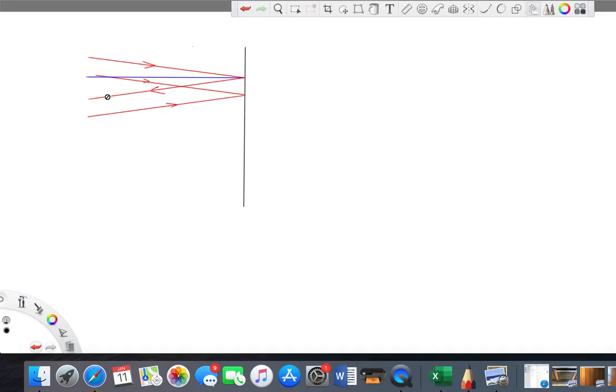So that is specular reflection. Parallel waves coming in reflect parallel. That arrow is supposed to be going the other way, I've just realized. My apologies for that. So we have the law of reflection.